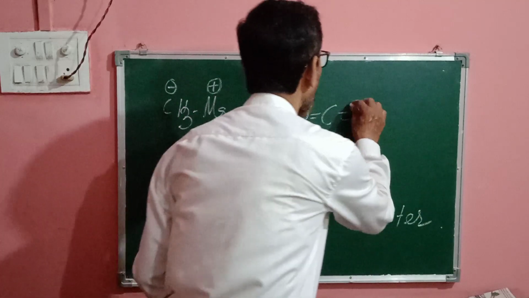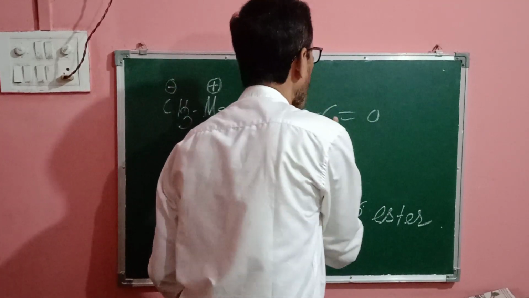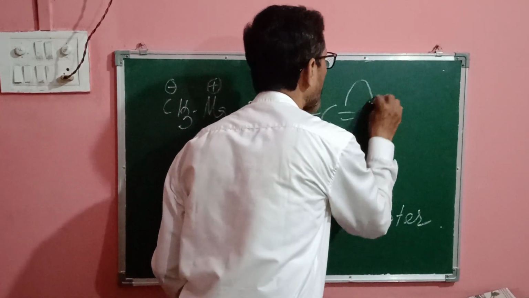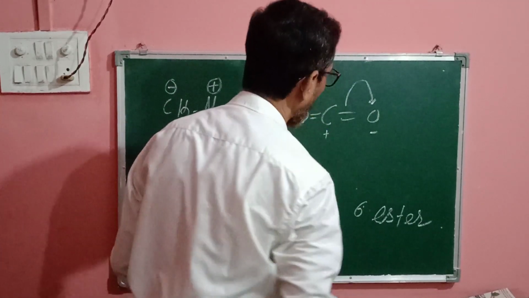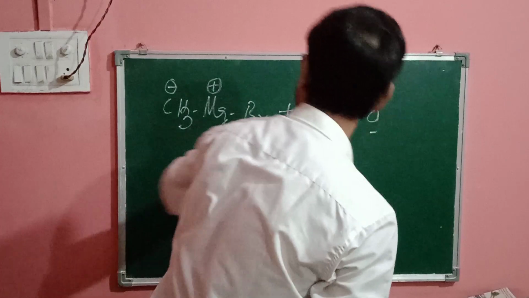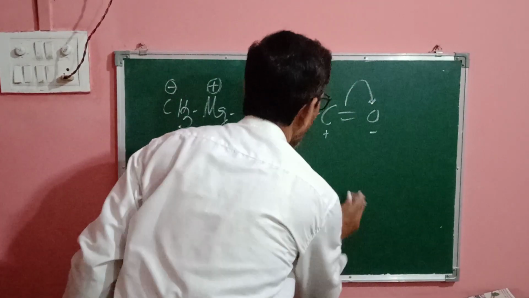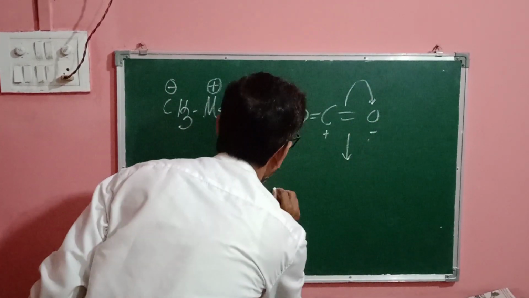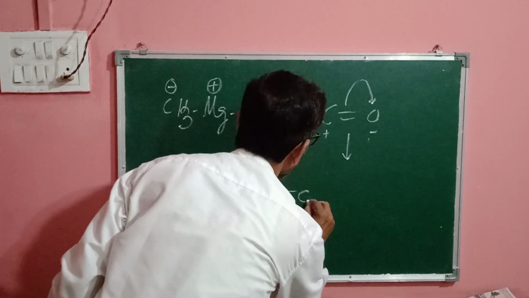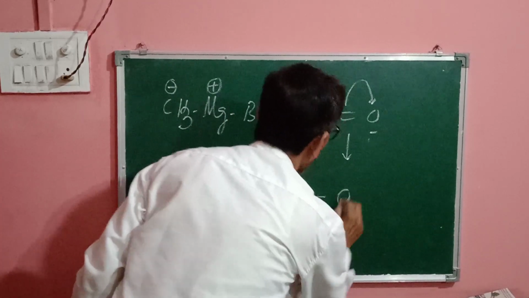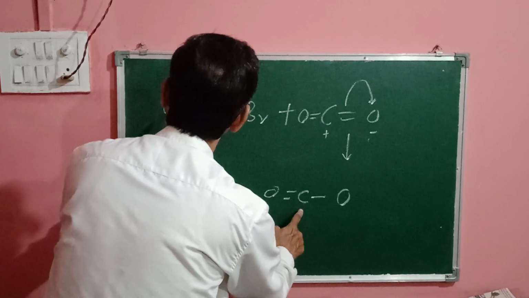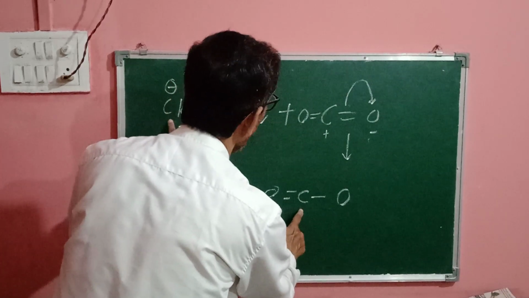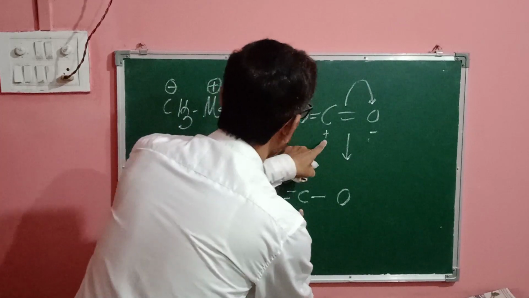So what's happening in carbon dioxide? Oxygen is more electronegative than carbon and the bond is withdrawn in this way, so oxygen becomes partially negative and carbon becomes partially positive. So you write O double bond C single bond O, that is negative, that is positive.